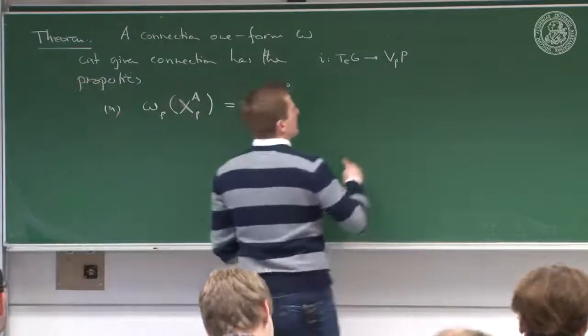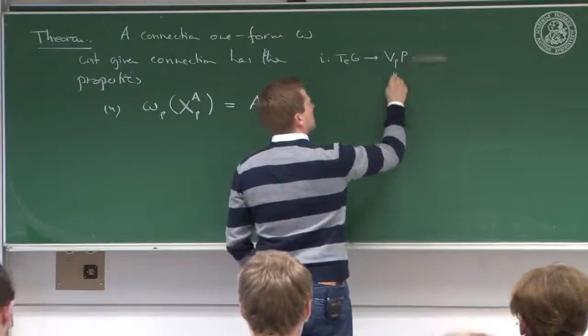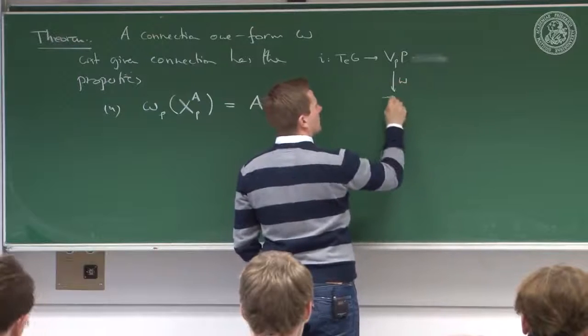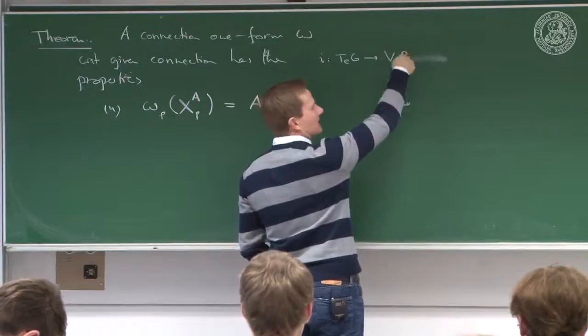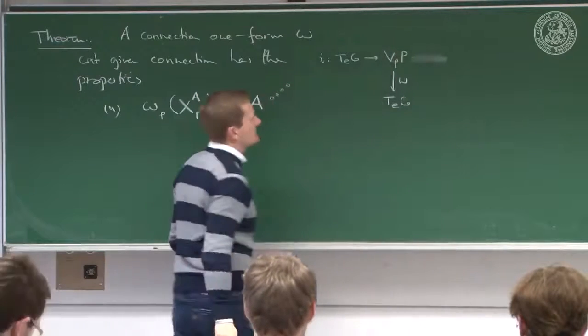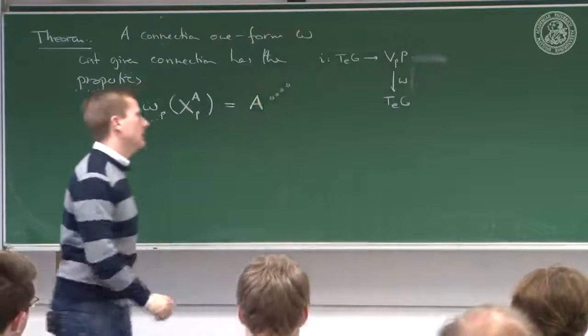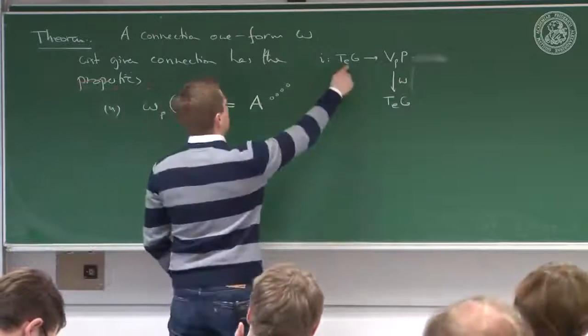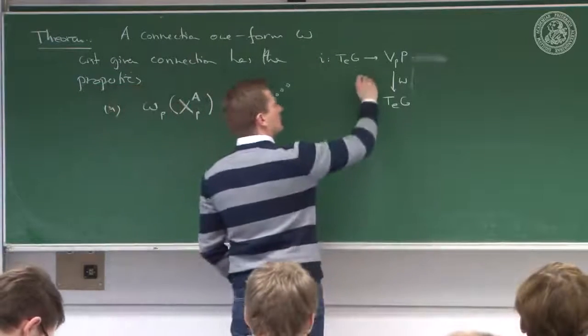And now we see that if we apply our omega to this vertical subspace, we know it's Lie algebra valued. Well, actually, omega acts on the entire tangent space, but in particular, it acts on this vertical subspace. So you can say that's the restriction of the omega to the vertical subspace anyway. Then we get back the element A from the tangent space that we put in.